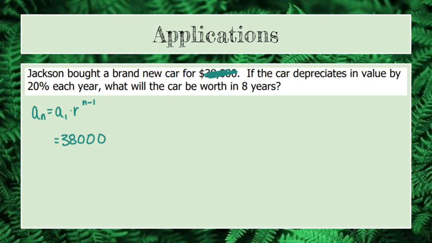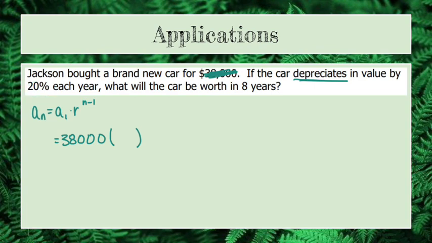It says if the car depreciates, so that means it decreases in value by 20% each year. So let's pause right there. It's going to decrease by 20% each year. So this is telling us about the rate, the common ratio. We need to know what we can multiply by to get a decrease of 20%.